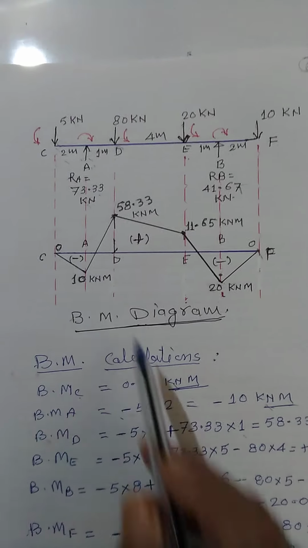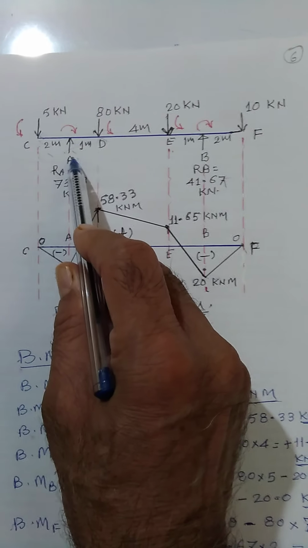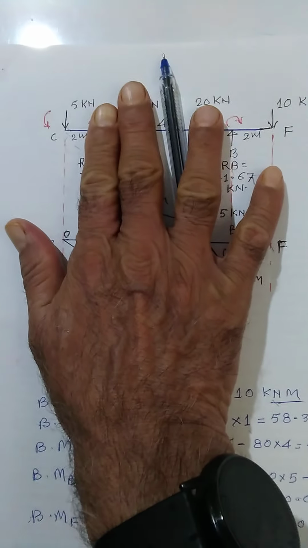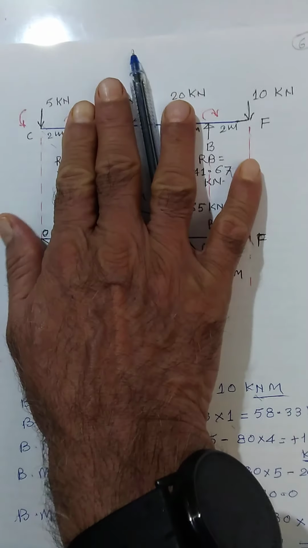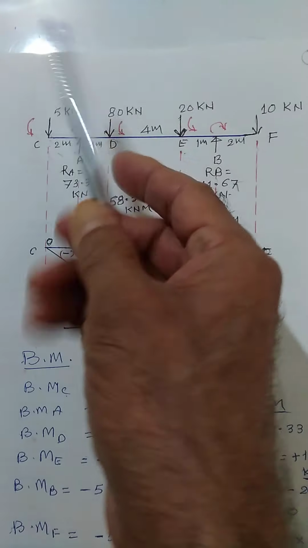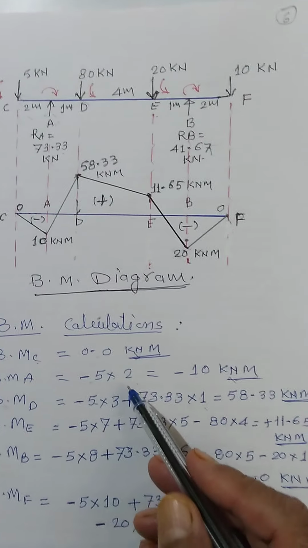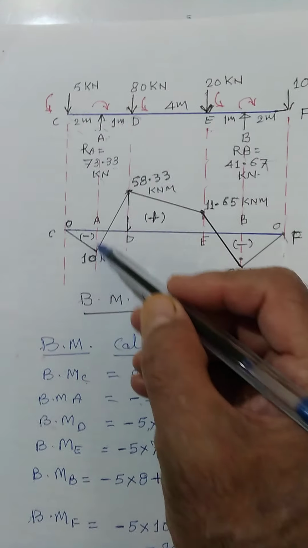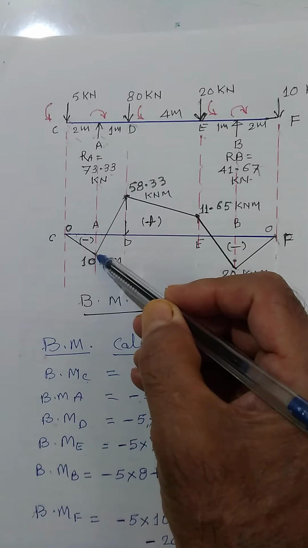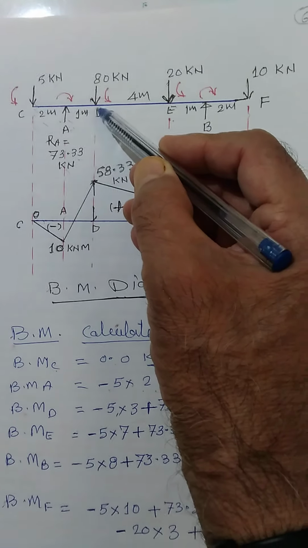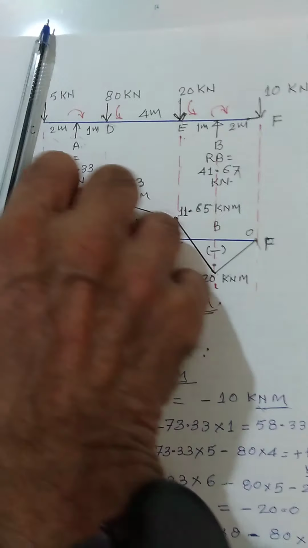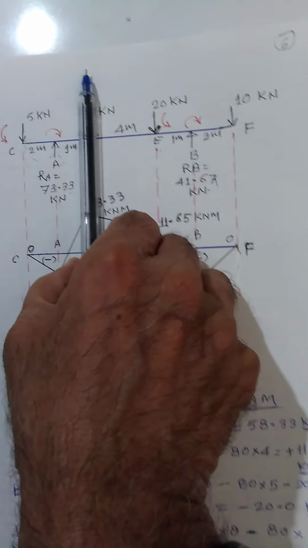5 into 0. Now I will take the moment at A, just to the left of A. How many forces are there? Only one force, that is acting anti-clockwise. Minus 5 into 2, it must come as minus. If I take the moment at this point, see how many forces are there just to the left of this. 2 forces.